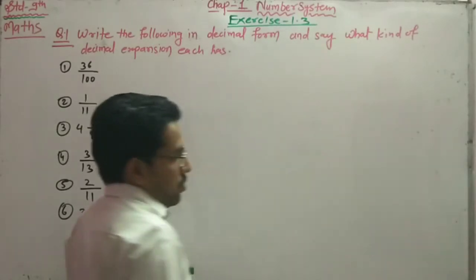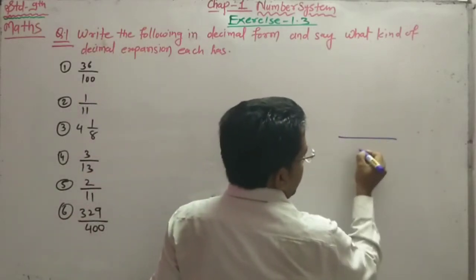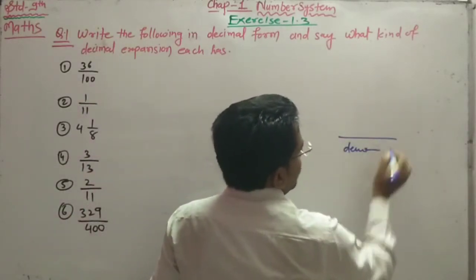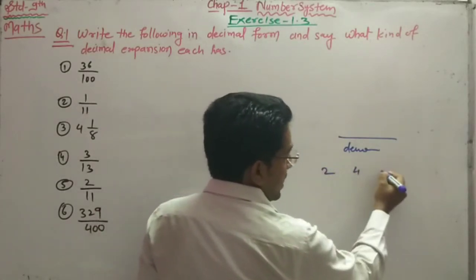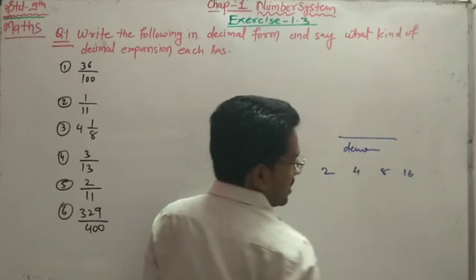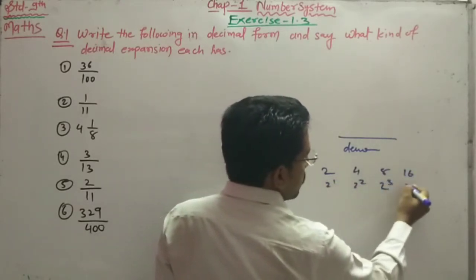In the last video I told you that in the denominator, 2 is there, 4 is there, 8 is there, 16 is there. It means 2 raised to 1, 2 raised to 2, 2 raised to 3, 2 raised to 4.